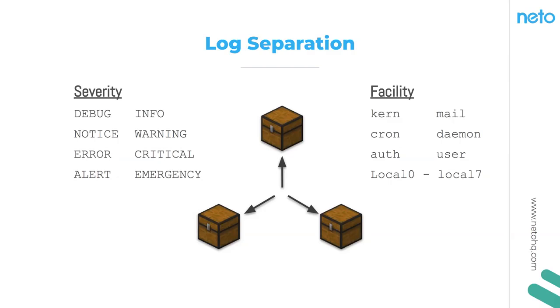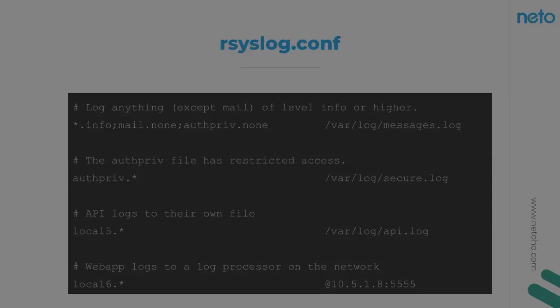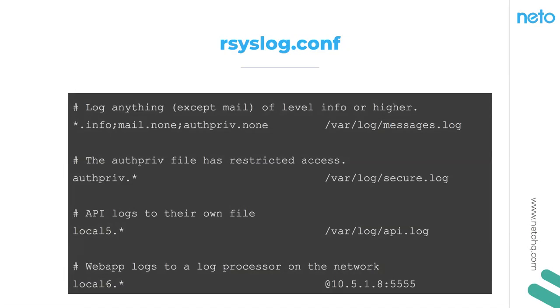Facilities, if you're not familiar with facilities, it's like a channel. You can tell syslog when it receives data from a certain facility to send it to this destination. And that is done here in our syslog.conf. So the main things I'm concerned about here are the two bottom entries in our syslog.conf. These are ones that I've put in myself.